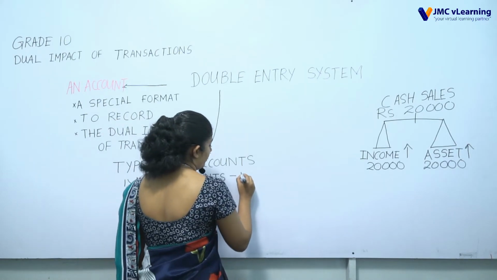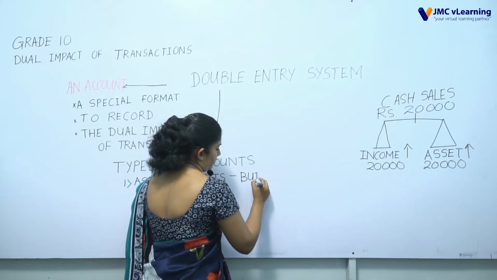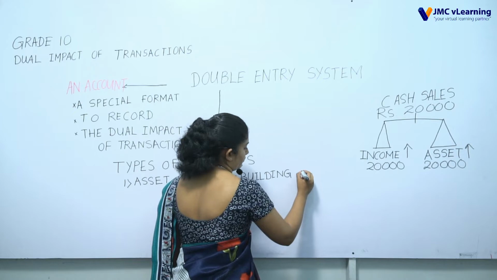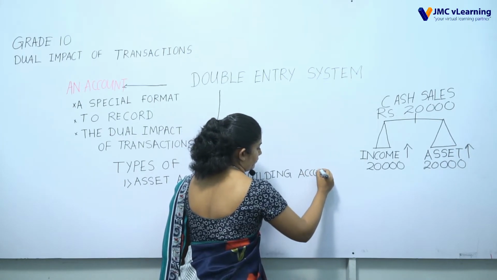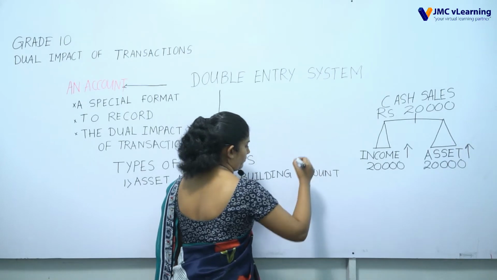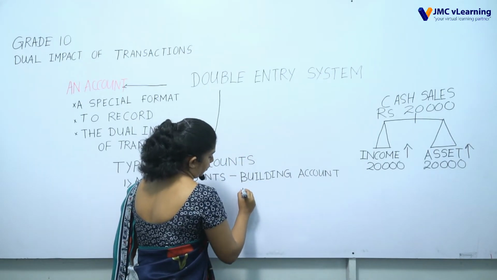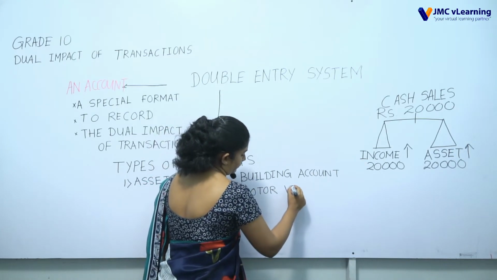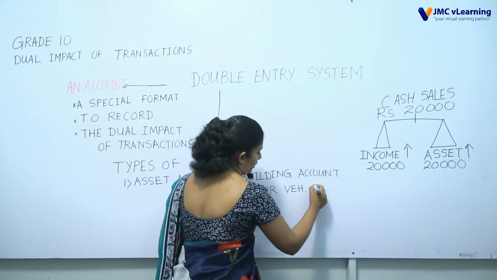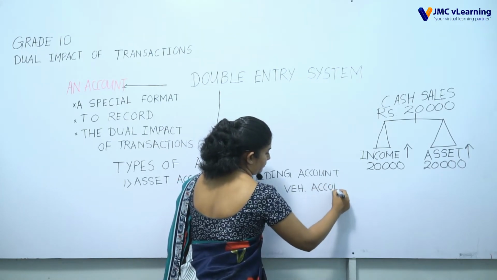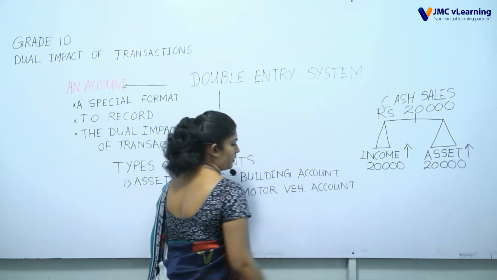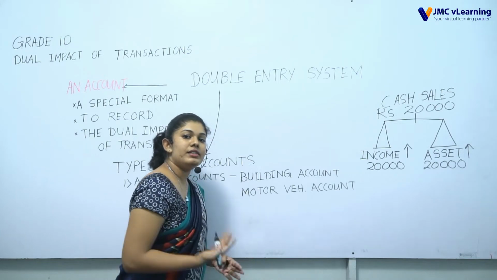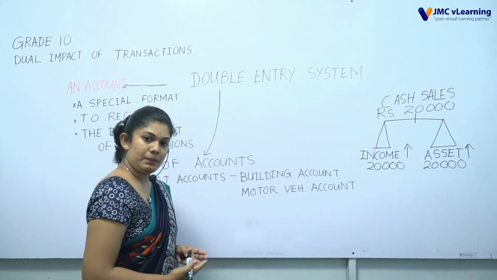Examples I can provide: building account, motor vehicle account, cash account, bank balance. Like that we have different types of asset accounts.